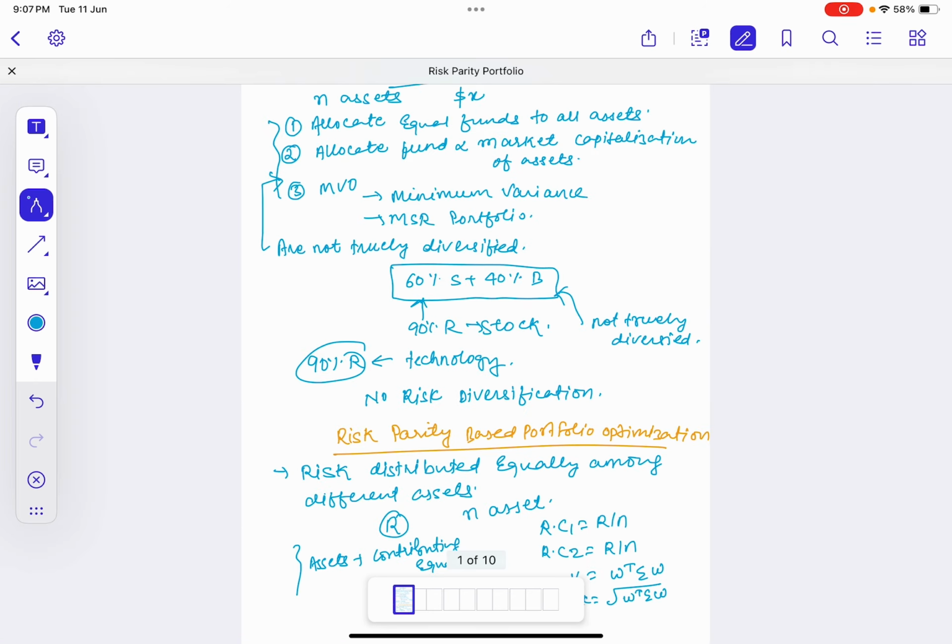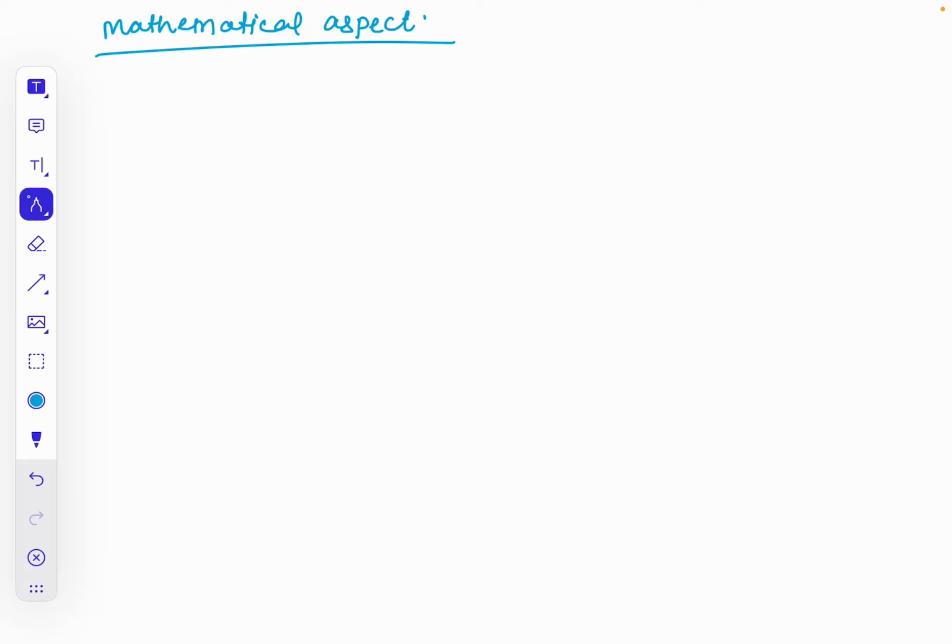So let us move ahead and look at the mathematical aspect of risk parity based portfolio optimization. Let us define a few terms. First of all, W is the weight vector, the weights that your portfolio should be assigned: W1, W2, W3, and so on.